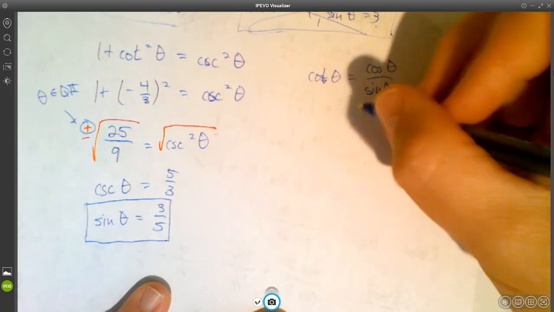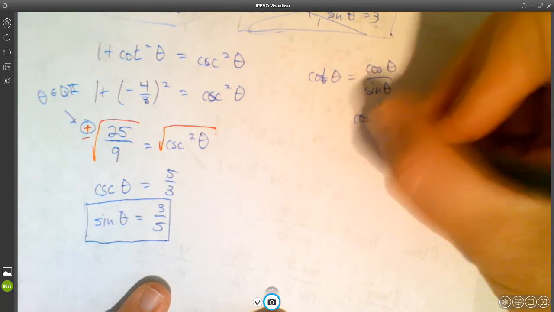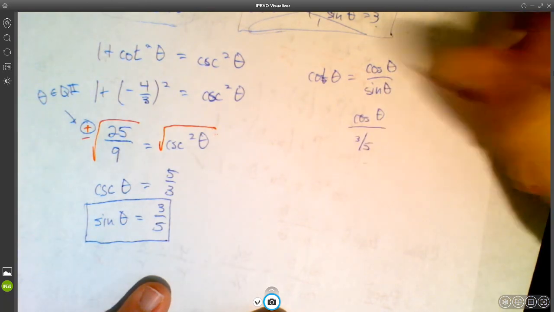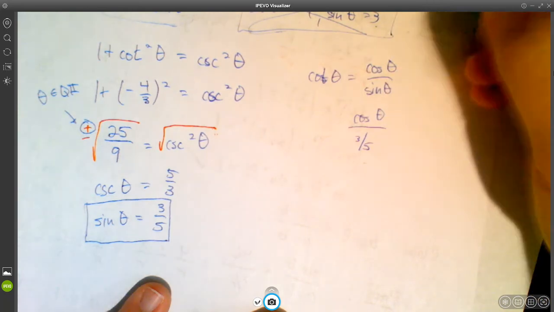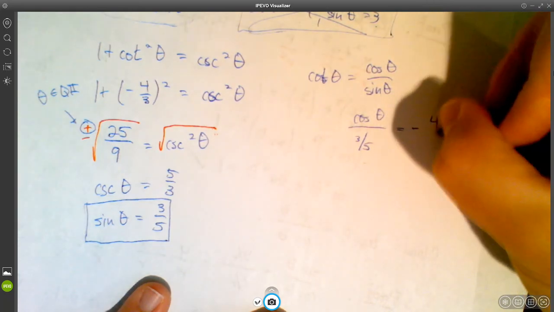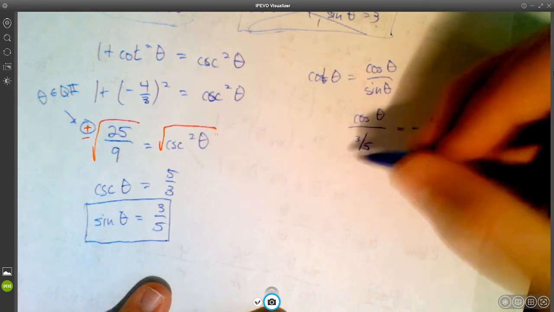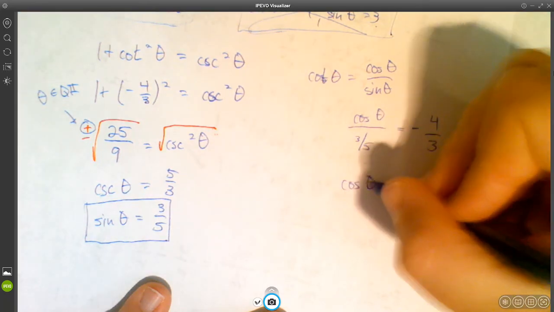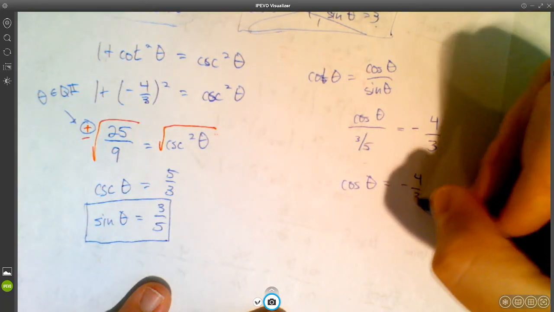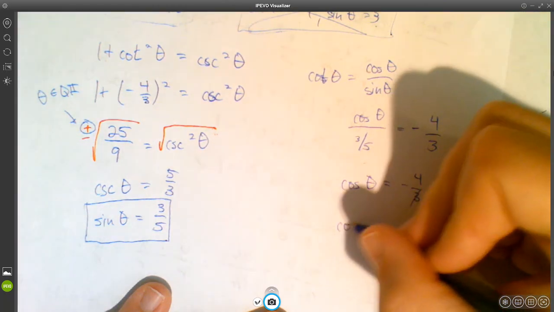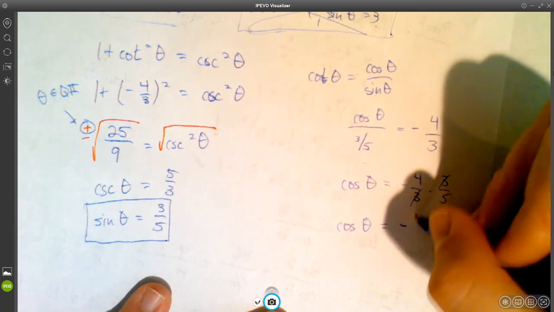We know that sine theta is 3/5. We also know that cotangent theta has to equal -4/3, so it should be the case that cosine theta over 3/5 equals -4/3. Then we can solve for cosine theta this way. If I multiply both sides by 3/5, the 3's will cancel, and I get cosine theta equals -4/5.